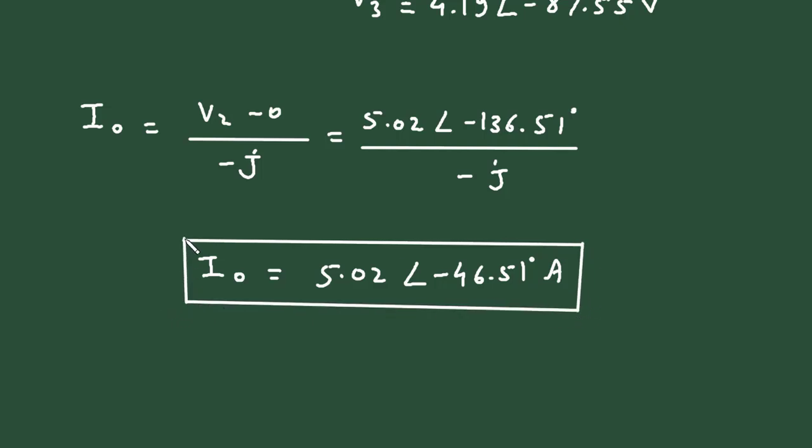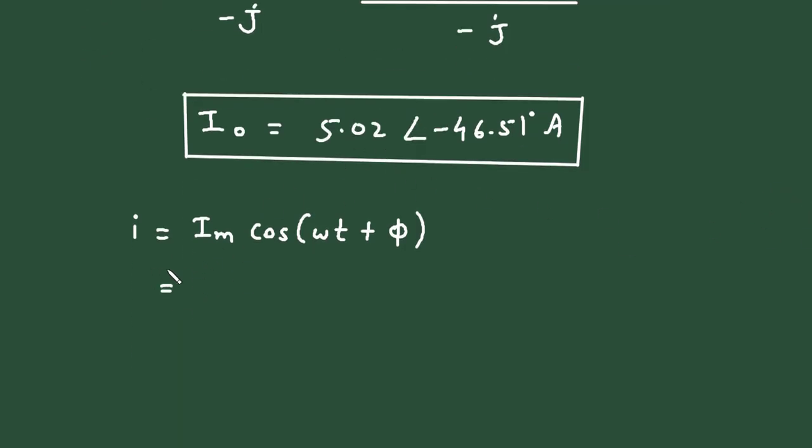Now in time domain, we know that small i is equal to Im cos omega t plus phi. So here the value of Im is 5.02, and here this will be cos.